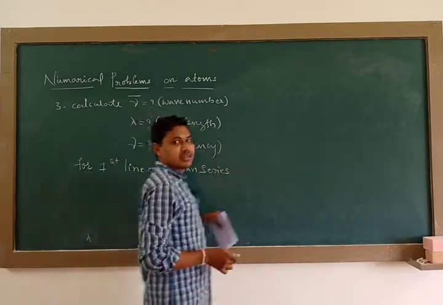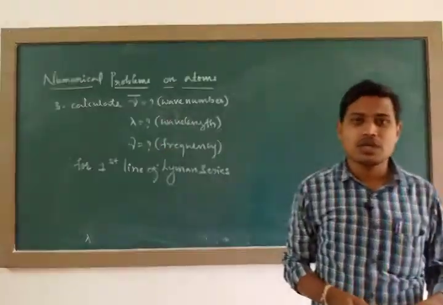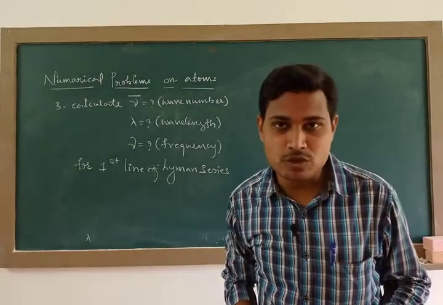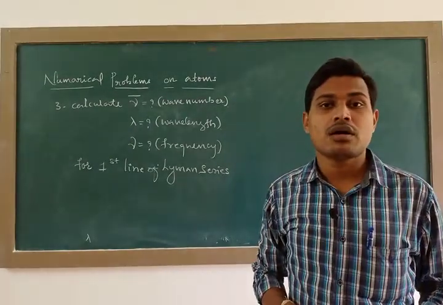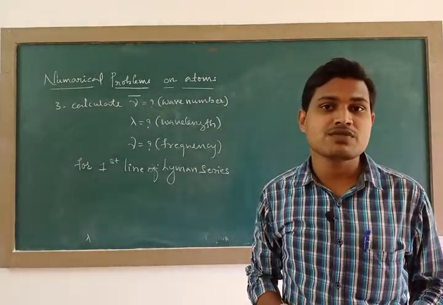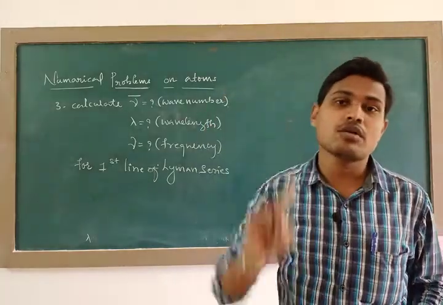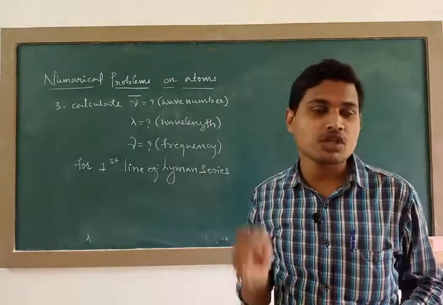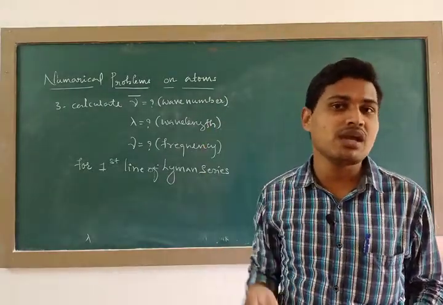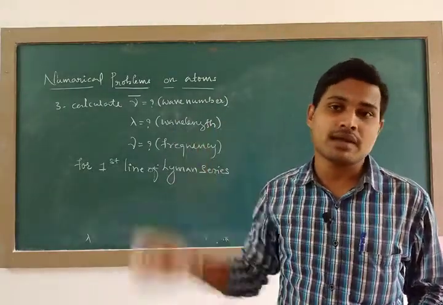You already know the definition for Lyman series. It is one of the spectral series of hydrogen atom, and we observe this series of spectral lines due to the transition of electron from a higher orbit to the first orbit. N1 should be 1, the higher orbit should be 2, 3, 4, 5, like that.